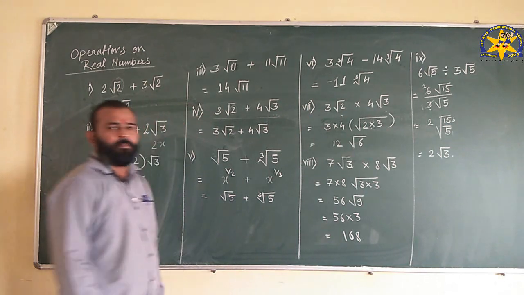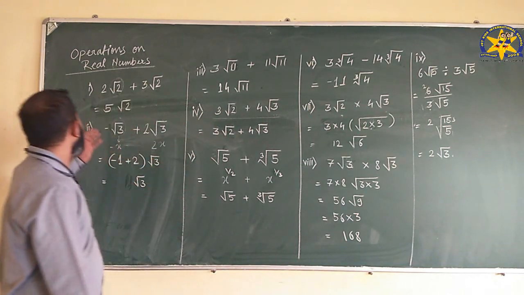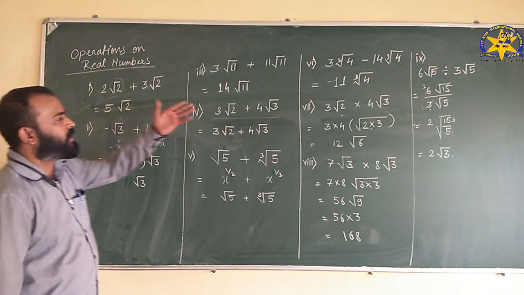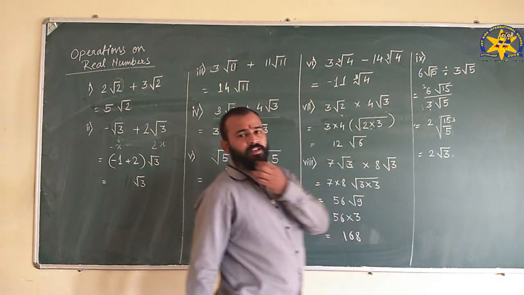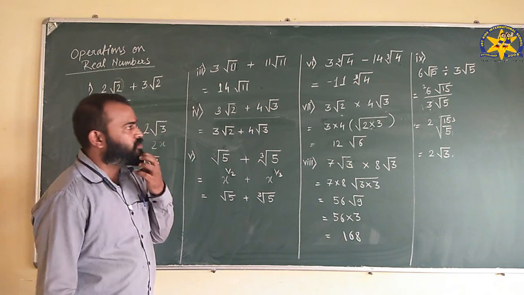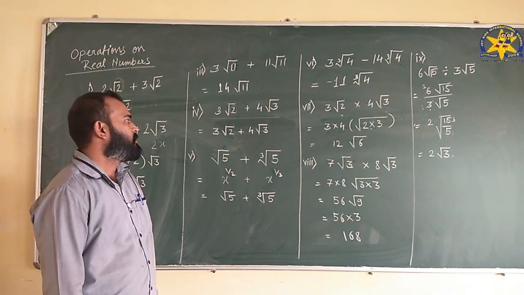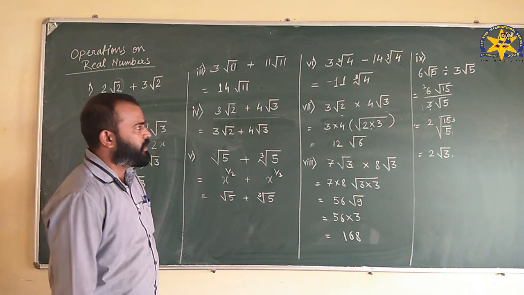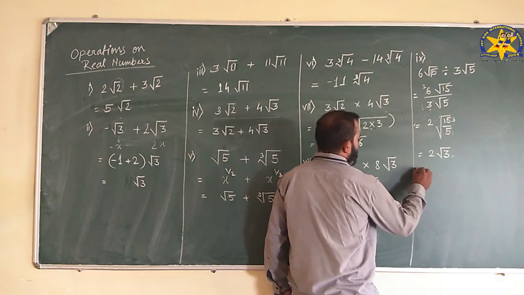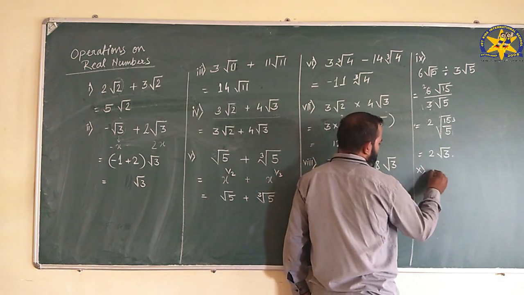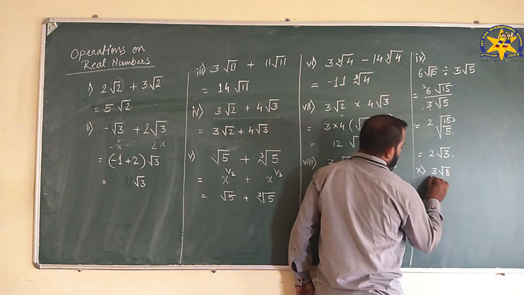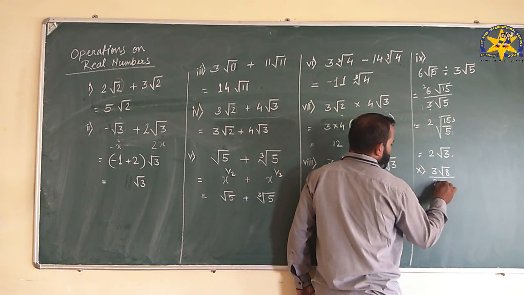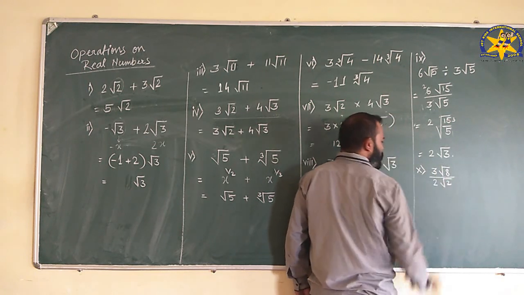So in this way we can add, subtract, multiply or divide all the irrational numbers by irrational numbers or by rational numbers. Now see, we have taken various examples. Again one example I will take: 3 root 8 upon 2 root 2.